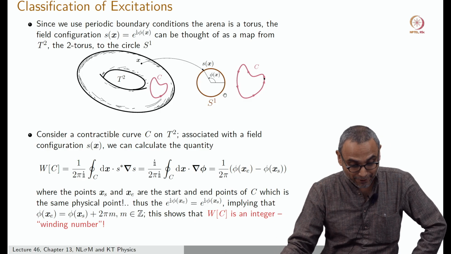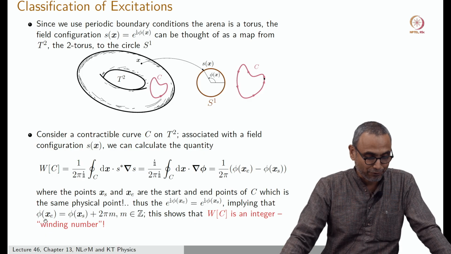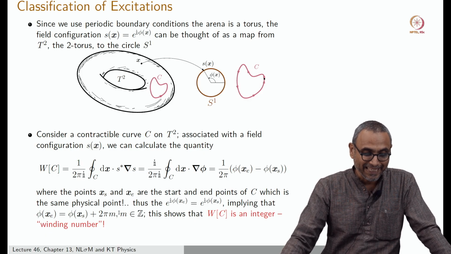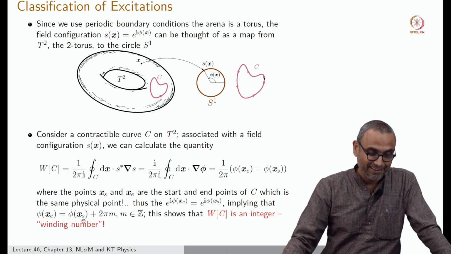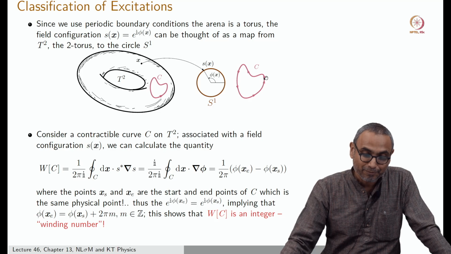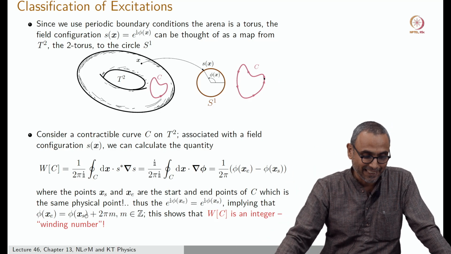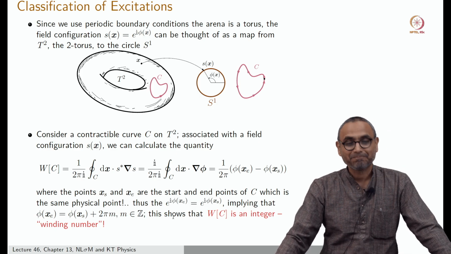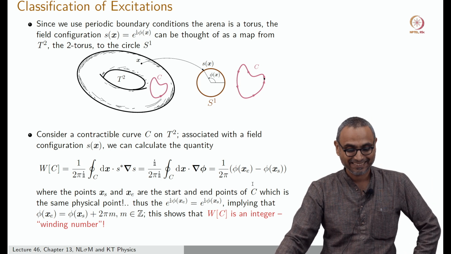Because these two have to be equal, what this will show you is that the phi just below here must be only an integer multiple of 2 pi more than this phi, and m is an integer. So what this shows is that this quantity has to be an integer.